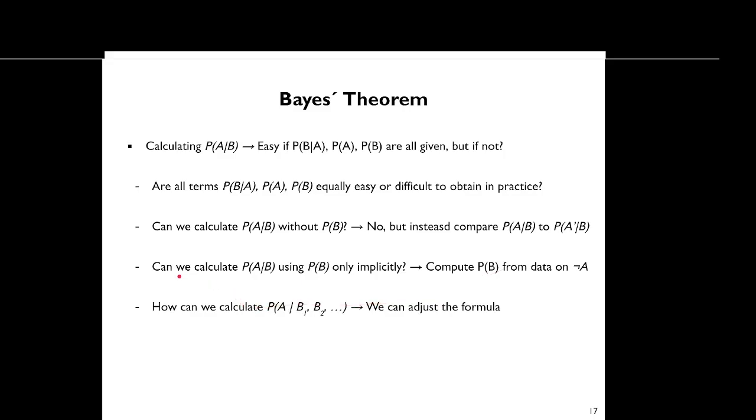We will also see that we can maybe reformulate P(B) in a different manner where we have information on the event that A is not happening, and that helps us maybe to calculate P(B) implicitly. And finally, we extend our basic setup of A given B into A given B1, B2, and so on. So let's iterate through these different aspects of the Bayes theorem one by one.